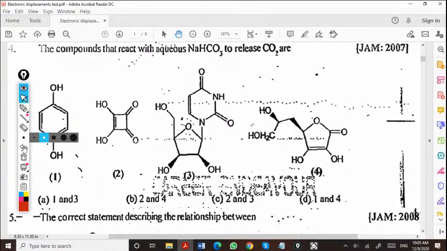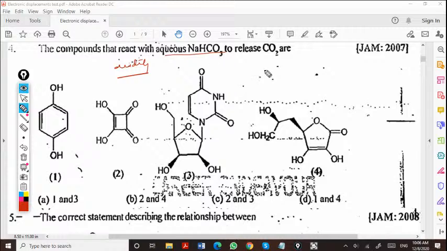Next, the compound which can react with aqueous sodium bicarbonate and release carbon dioxide. So it is being asked about acidity.